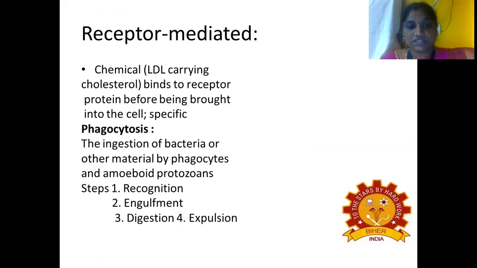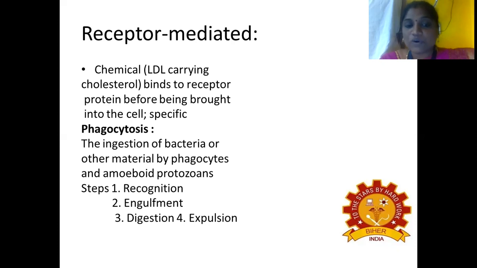Phagocytosis is the ingestion of bacteria or other material by phagocytes and amoeboid protozoans. Especially bacteria and other material are engulfed by the phagocytosis process, because it engulfs solid particles. There are 4 steps in phagocytosis: recognition, engulfment, digestion, and expulsion.